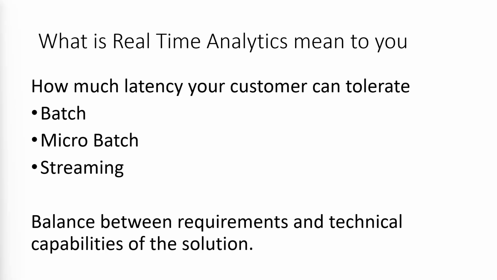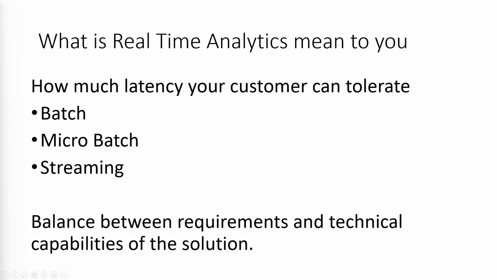Data can actually be processed in batch. A batch schedule can be every day at a certain time, every week, every month, or micro batch. Let's say you refresh the data every 15 minutes. If the data is kept fresh every 15 minutes, your customer may think, oh, this is fresh enough.